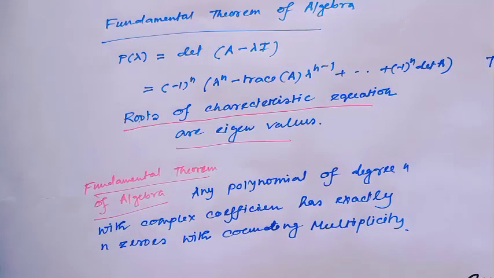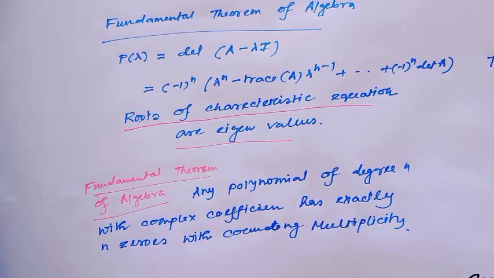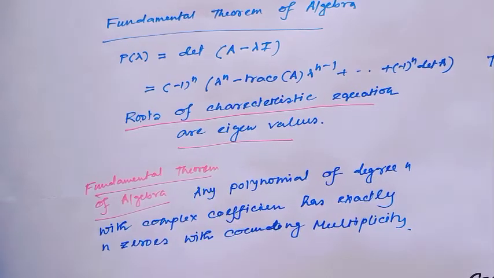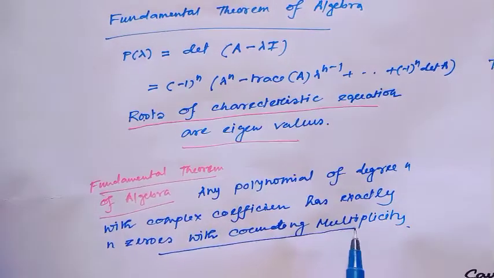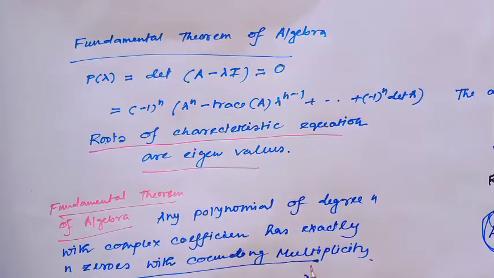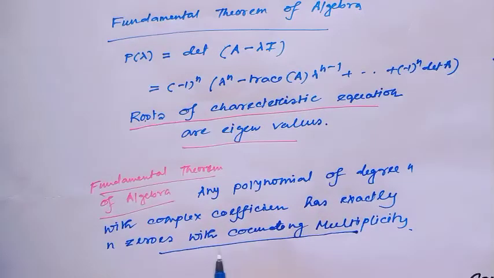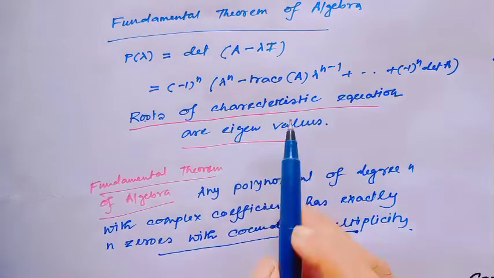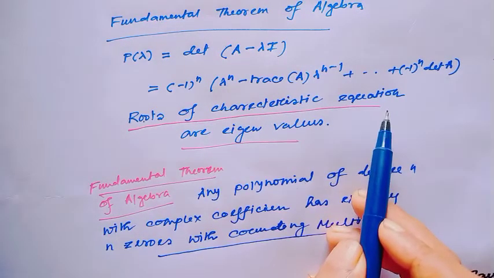From this idea, roots of the characteristic equation, I will see one nice theorem of algebra, the fundamental theorem of algebra, which states any polynomial of degree n with complex coefficients has exactly n zeros, counting multiplicity. And counting multiplicity means how many eigenvalues exist. Here n zeros means obviously roots of this characteristic equation.